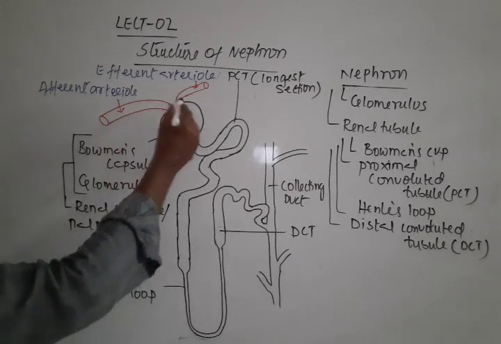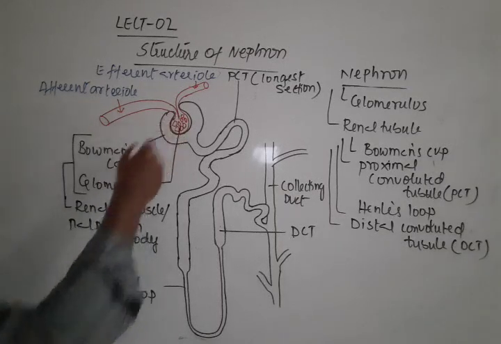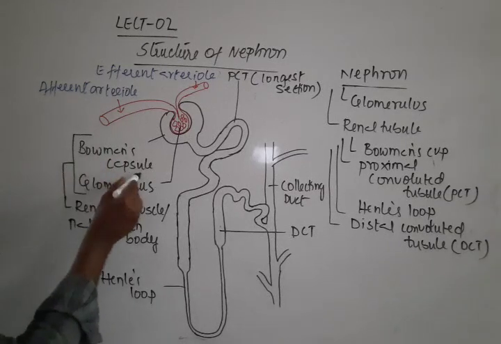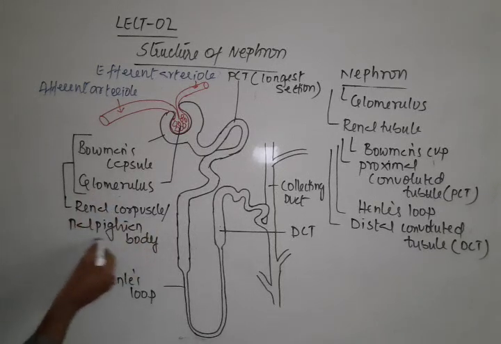So this is necessary to create pressure enough for the filtration of blood in the glomerulus, that we will see when I discuss the formation of urine, where we will talk about ultrafiltration in the glomerulus. So the Bowman's capsule and the glomerulus together is called renal corpuscle or Malpighian body.